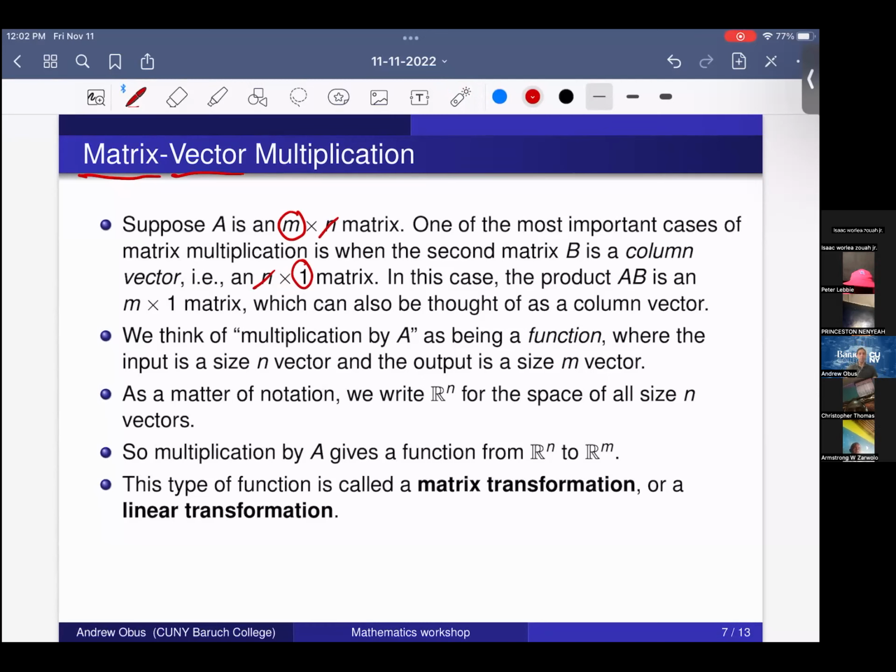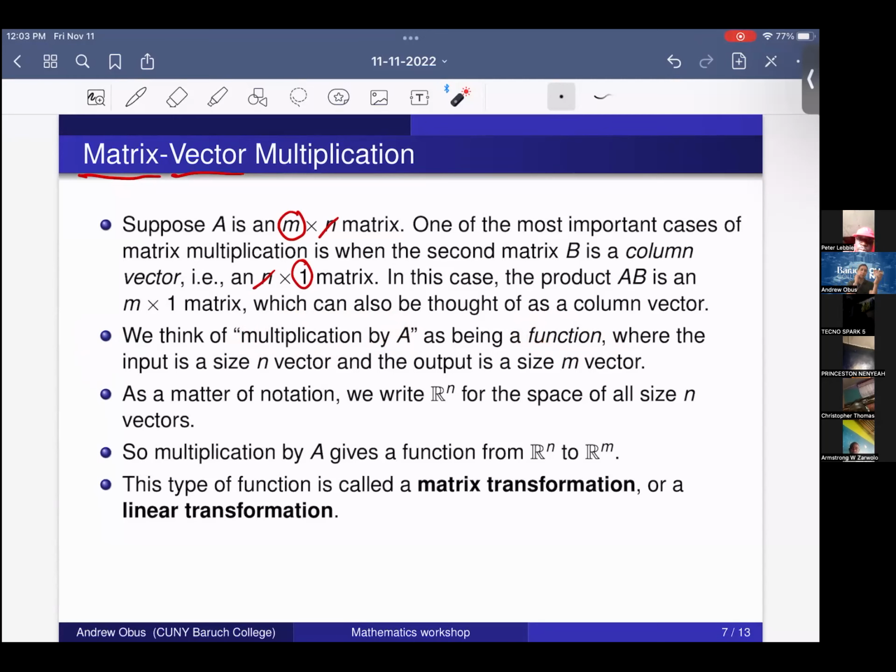Okay, so when we multiply A by this column vector, we get an m by 1 matrix. And since it's an m by 1 matrix, we can also think of it as a column vector. So we input a column vector, multiply it by A, and the output is another column vector. One way of thinking about this is you can think of multiplication by A as being a function.